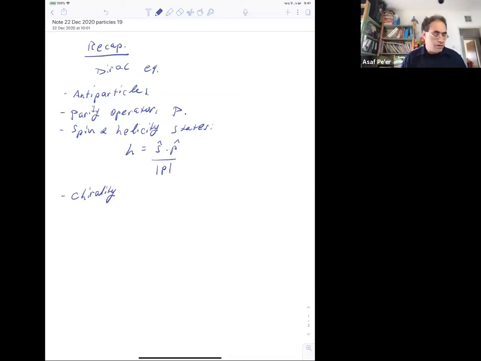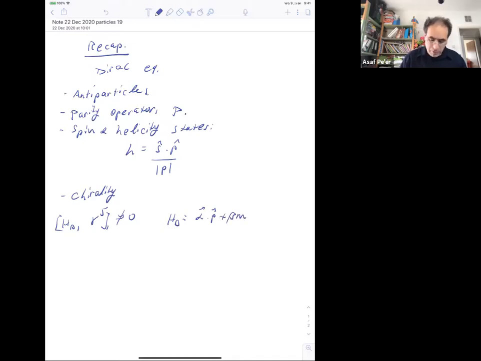Now the two merge in the specific case of particles that travel at the speed of light. So it can be a bit confusing at the beginning. How can it be that I said that the chirality is not conserved, but it merges with helicity, which is conserved? The reason is that the chirality operator gamma 5 does not commute with the full Dirac Hamiltonian, so the commutator of H_D and gamma 5 is not 0. But if you look at H_D, the Dirac Hamiltonian, it's alpha dot p plus beta m.